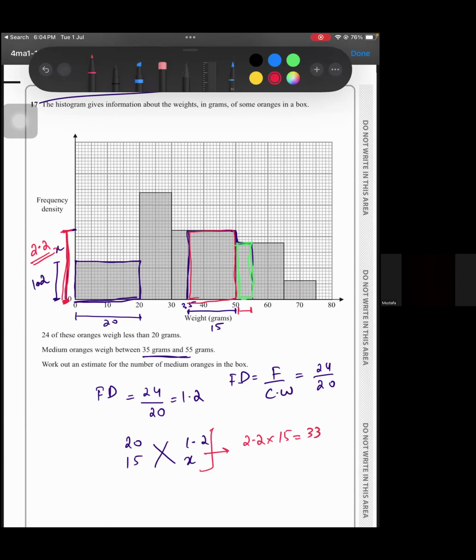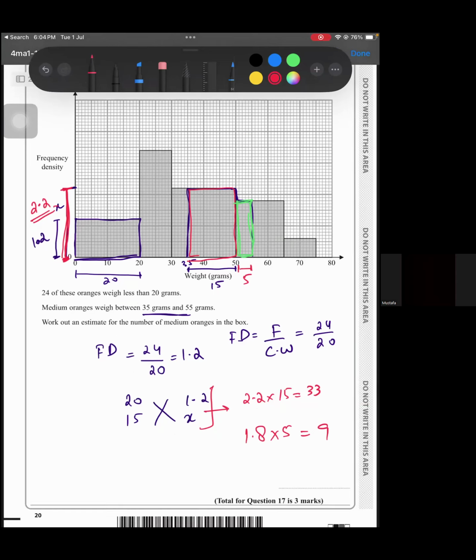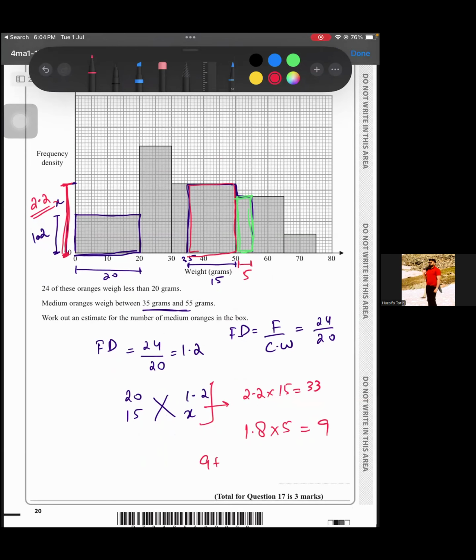Then we do 1.8 times 5, which gives us 9. So an estimate of the medium oranges will be 9 plus 33, which is 42. Correct. This will be your final answer.